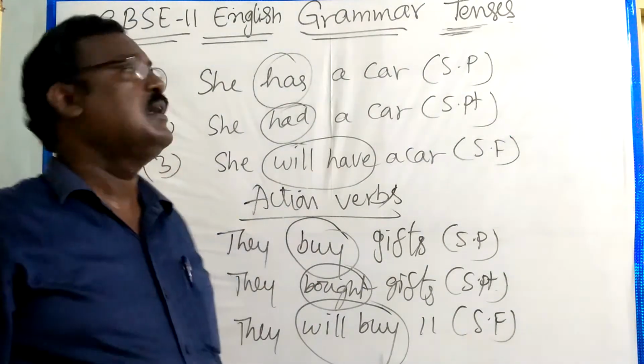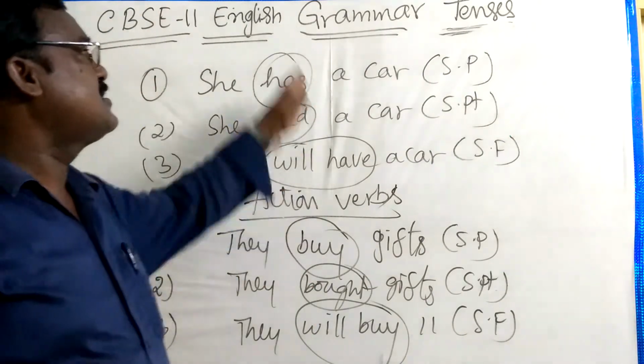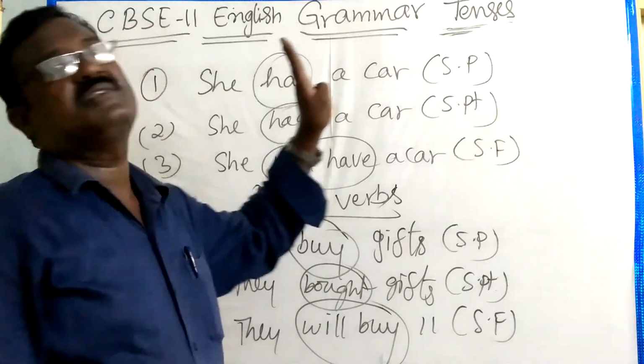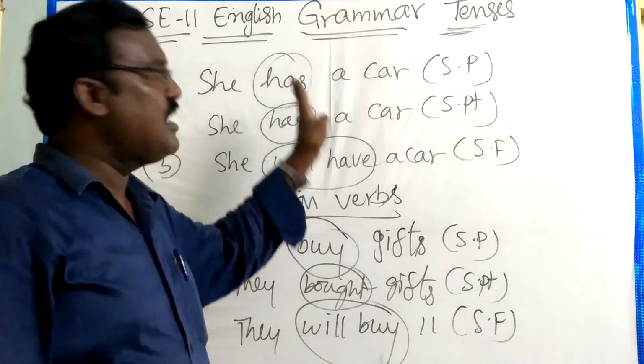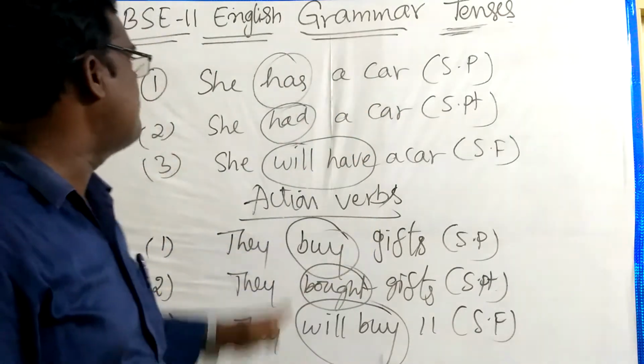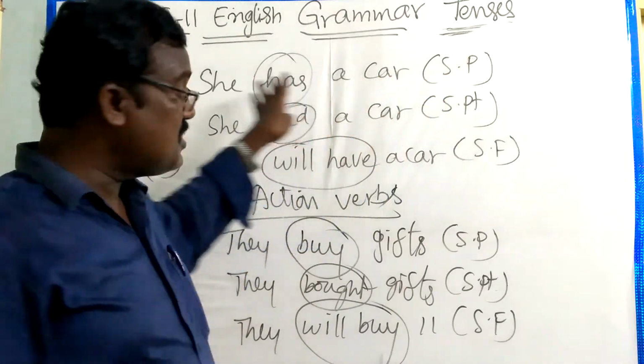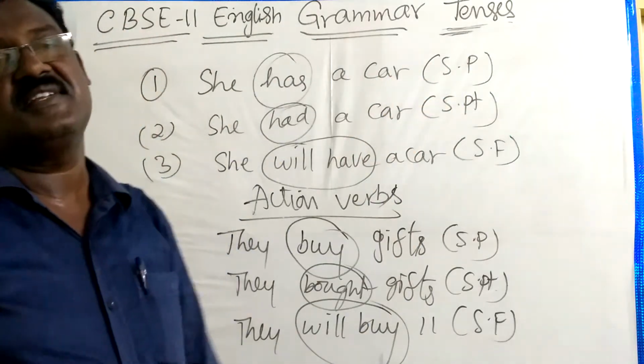All the sentences we have learned so far are written with the help of be forms, have forms, action verbs. Now all sentences are positive sentences only.